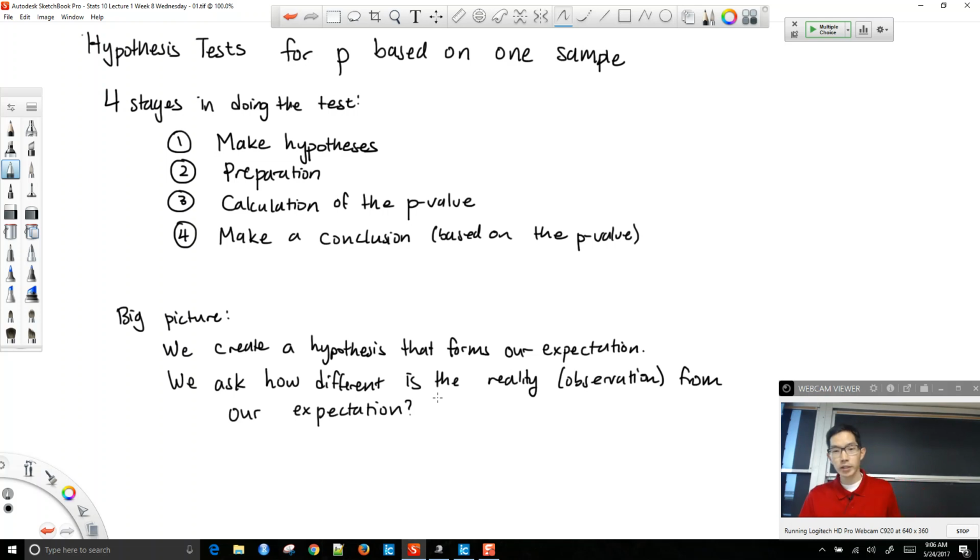The way we measure this is we ask, what is the probability of observing our data?